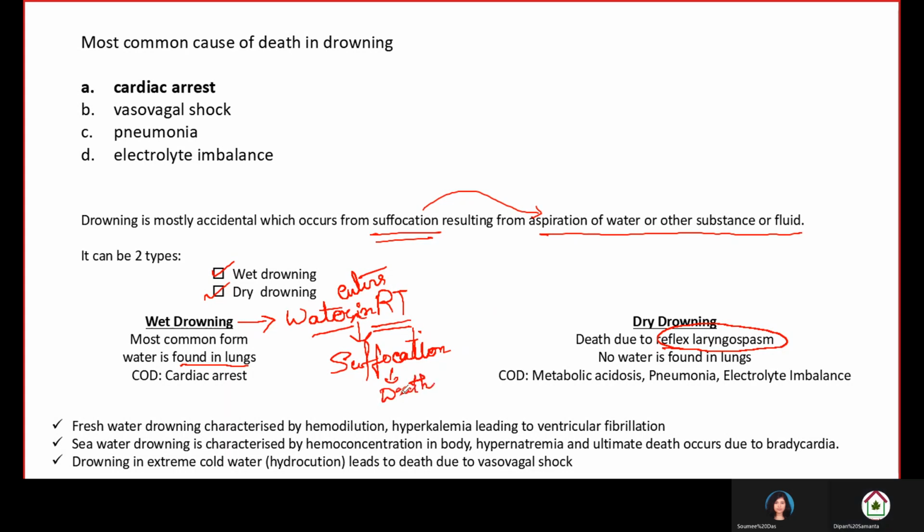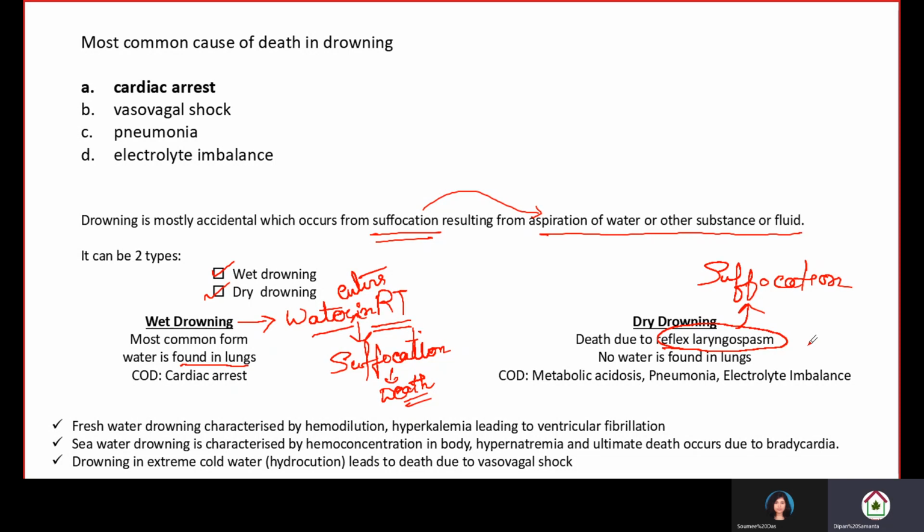In dry drowning, death occurs due to reflex laryngospasm. Suffocation occurs, but water doesn't enter. Water is not blocking the pathway.